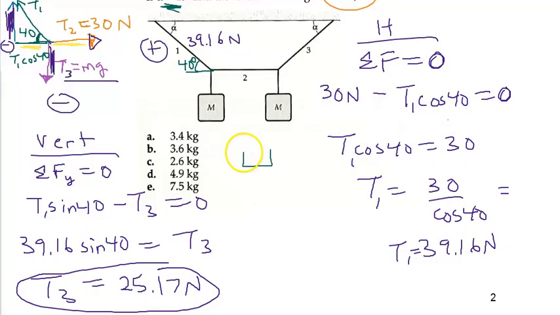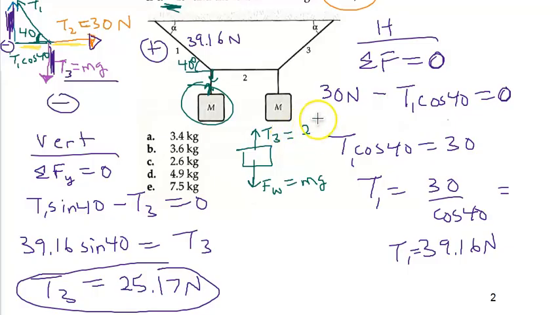Thank you for your patience. If we focus on the mass instead of the knot, then we have the weight and we have T3. So it's pulling up on the weight and down on the knot. But it's the same magnitude because the rope molecules are stressed the same amount. These two are equal to each other because this is an equilibrium.